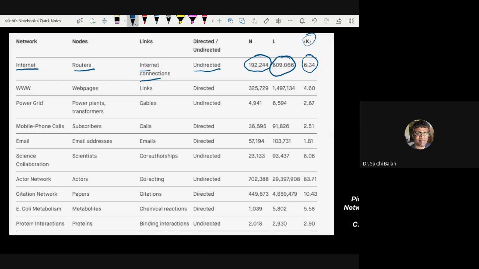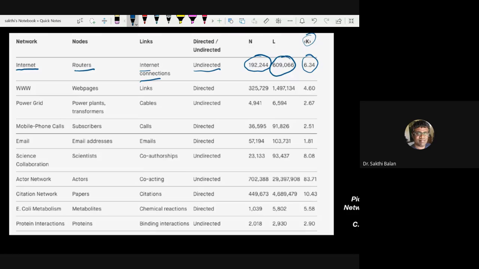When you are looking at basic graph theory, what you are looking at is maybe 10 nodes or 20 nodes or 50 nodes, so you will be able to visualize the graph and find the different characteristics of the graph.